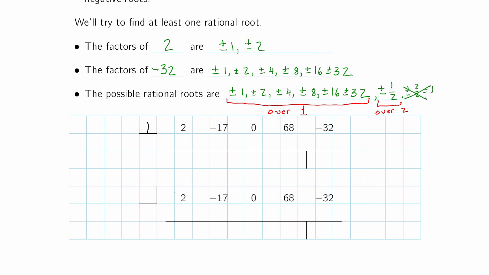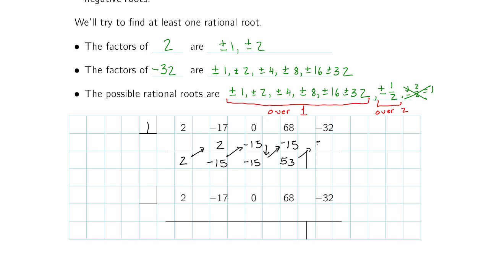I'm pretty much always going to try 1 first. So bring down the 2, times 1 is 2, plus negative 17 is negative 15. Times 1 is negative 15, plus 0 is negative 15. Times 1 is still negative 15, plus 68 is 53.